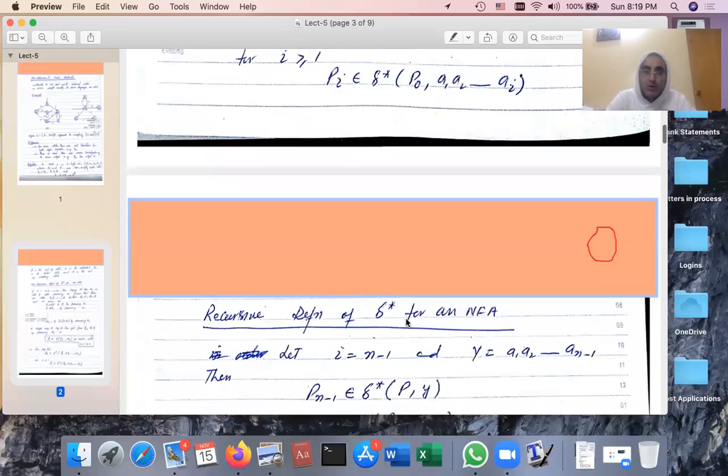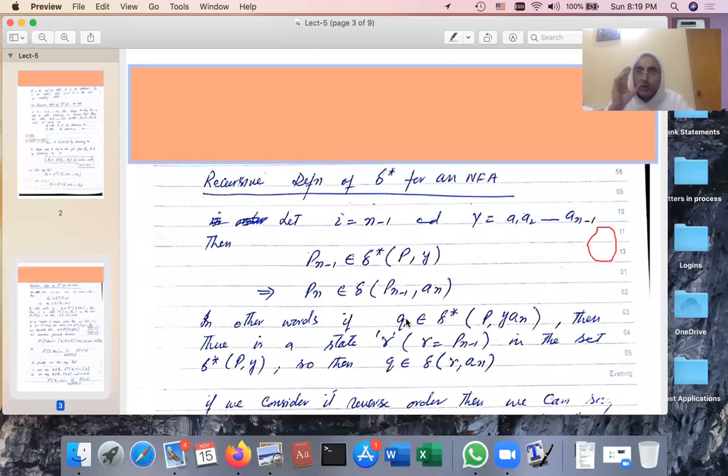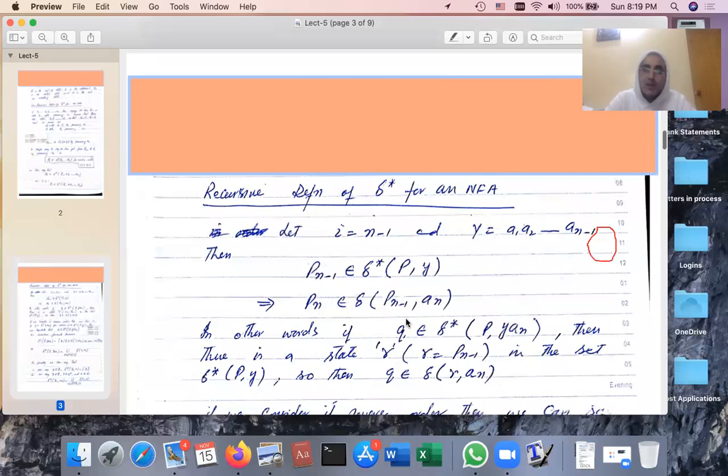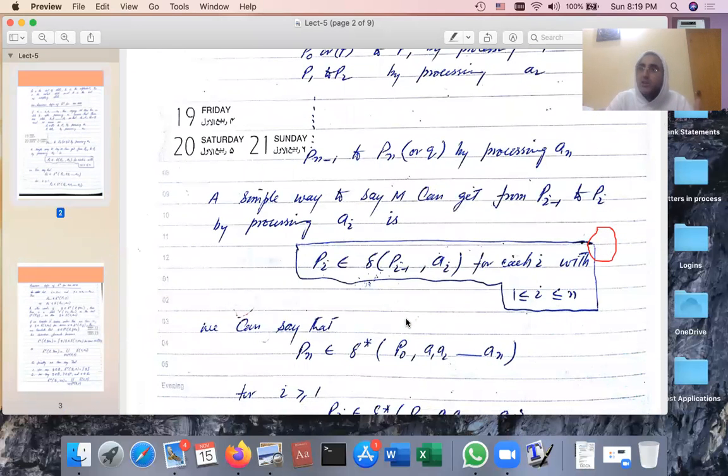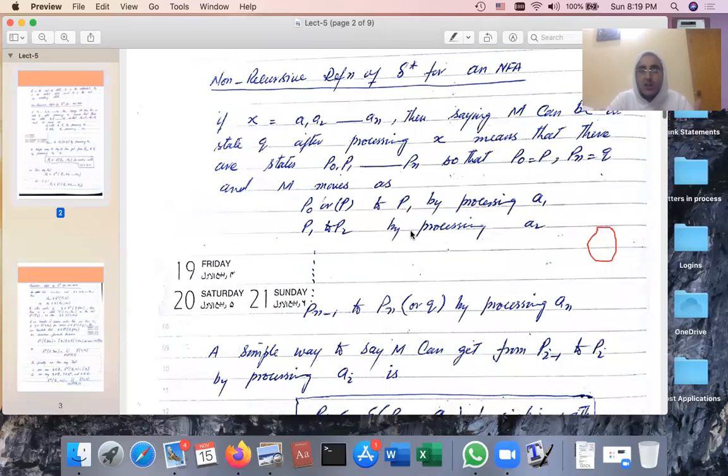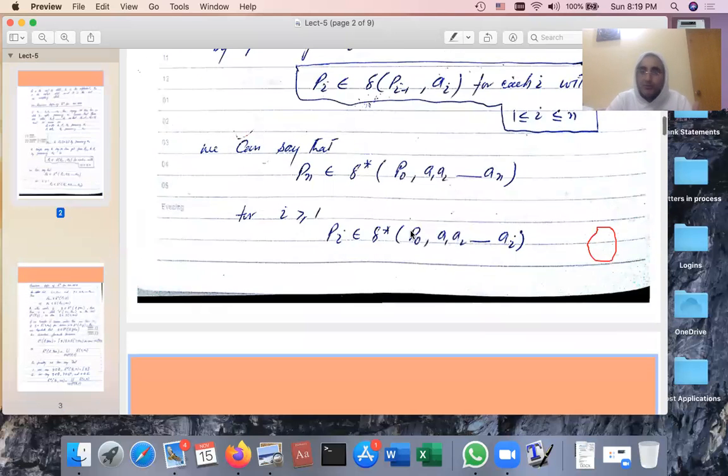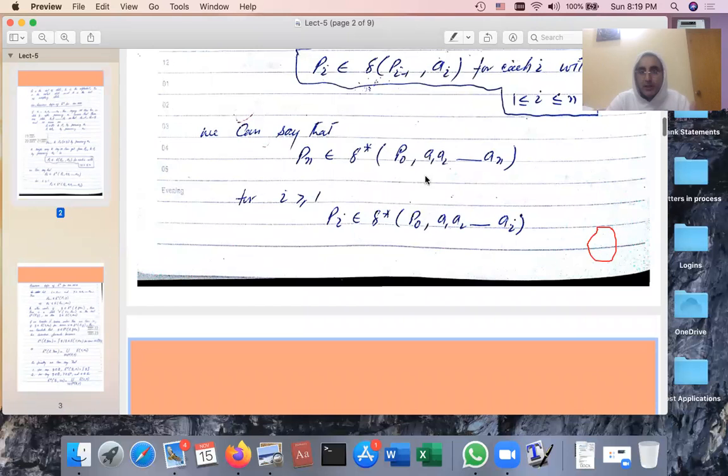Now moving on to a little bit more complex form. The first one is the non-recursive definition of NFA. If I ask you to discuss the non-recursive definition of NFA, then this is the thing that you have to explain, and you have to reach this equation.